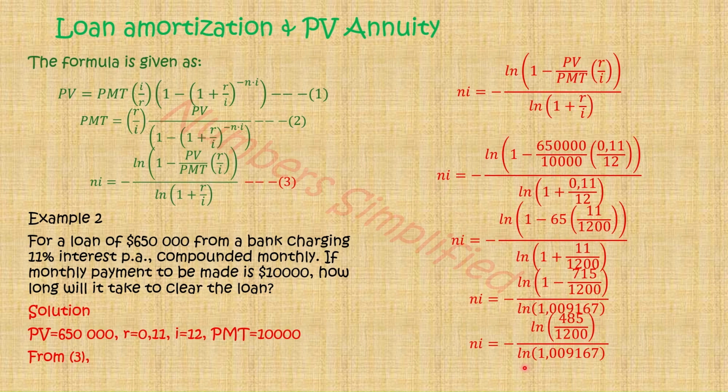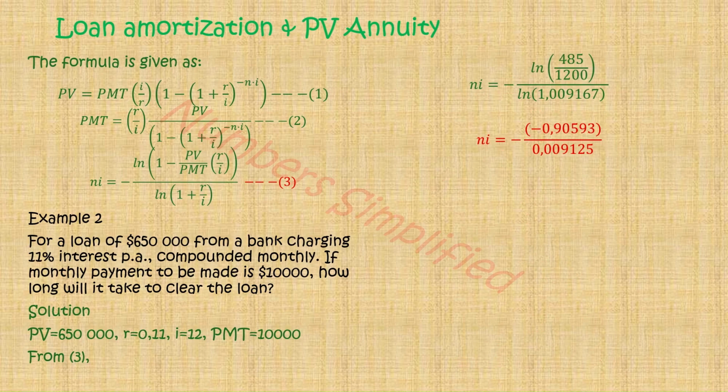Simplifying the numerator, we get negative 0.90593, keeping that to 5 decimal places. Then, when we evaluate the natural log of 1.009167, we get 0.009125. Now, this is a fraction that is easy to evaluate.